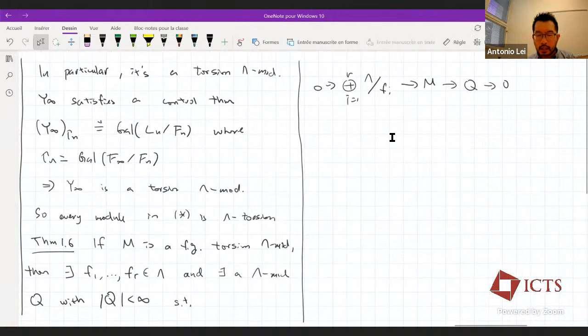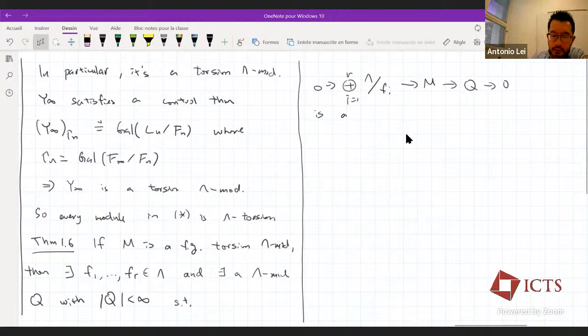So what it tells you is that this module is not very far from a direct sum of quotient modules. So it's a bit like modules over a PID. If you have a torsion module over a PID, you know that it will be a direct sum of cyclic modules. But here, lambda is not a PID, and so it doesn't work. But up to some finite cokernel, you will have this morphism.